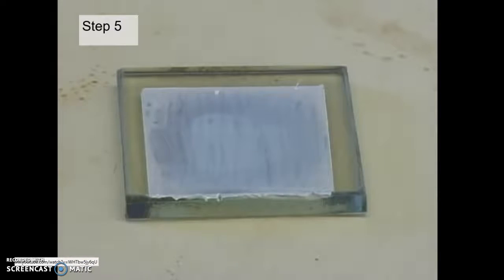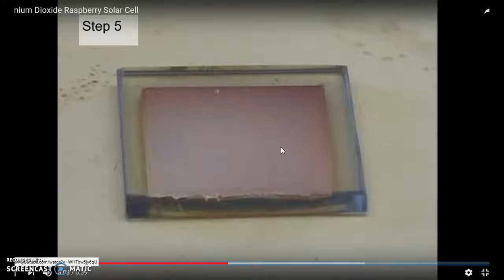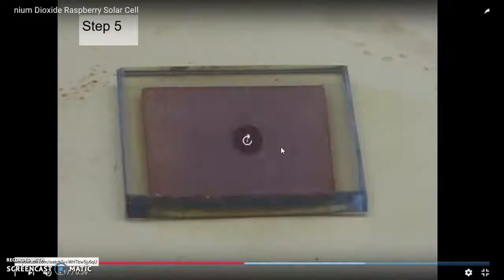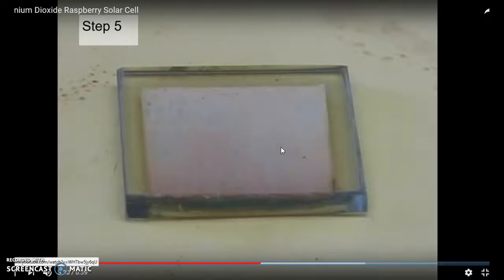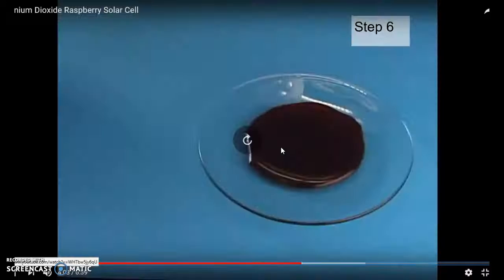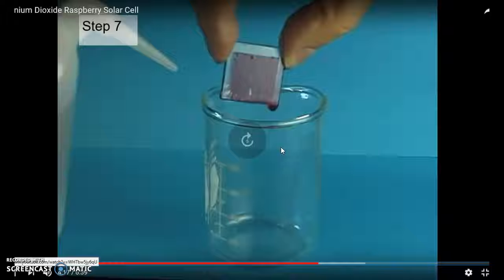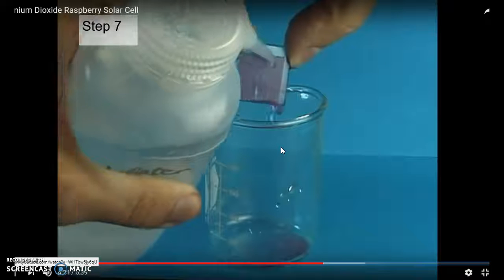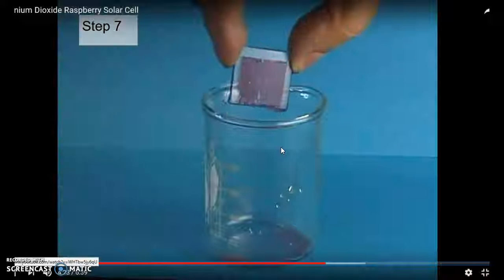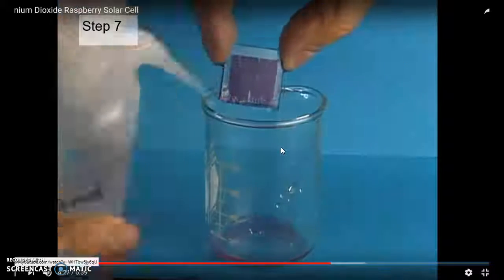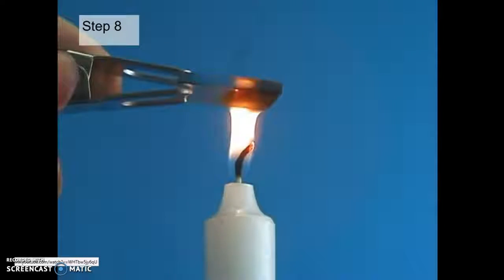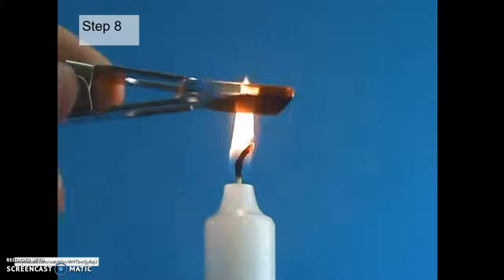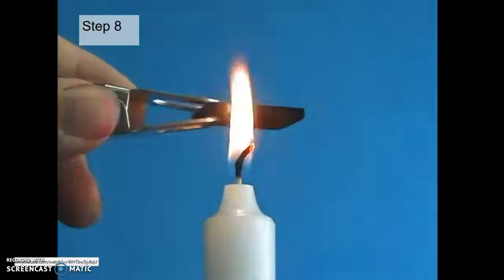They let it dry and heat up until it gets a dark color. The next step is to put raspberry juice on it, on the white pigment, and then put it over fire.